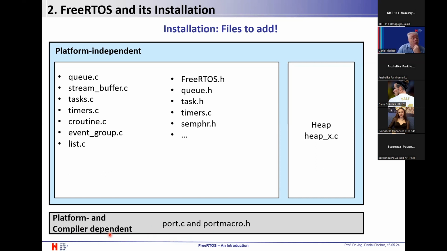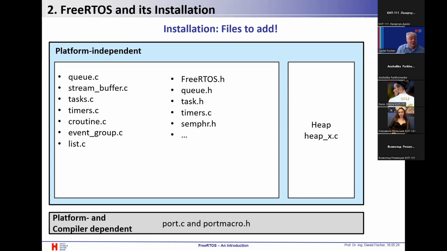That means if you want to implement FreeRTOS for your specific controller, you have to know what kind of platform you are on, and inside this platform, in another subdirectory, you can then find the code for this platform and for this compiler.